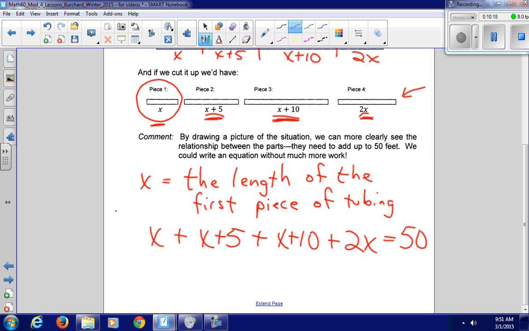So we took our drawing up here, we did some labeling, reading word problem, labeling the drawing, and then we wrote an equation.